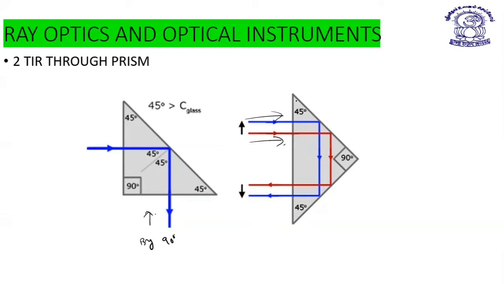They are incident normally on this surface, so there will be no refraction at that point. Then at the other surface, if they are incident at an angle more than critical angle, then light will get totally internally reflected. So finally refracted light rays are exactly in opposite direction. This kind of application is used to invert the images.